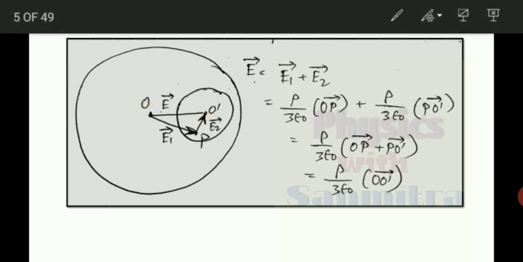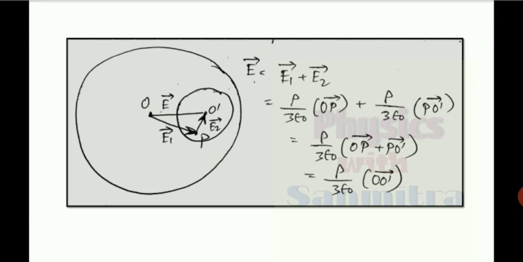Let me show you mathematically. This is E1 plus E2 vector. E1 vector is rho by 3 epsilon naught into the r vector, that is OP vector. And this one is rho by 3 epsilon naught into PO dash vector, which equals rho by 3 epsilon naught into OP plus PO dash vector. And OP vector plus PO dash vector gives OO dash vector, simple vector algebra.